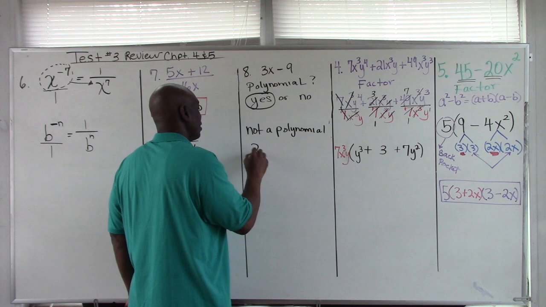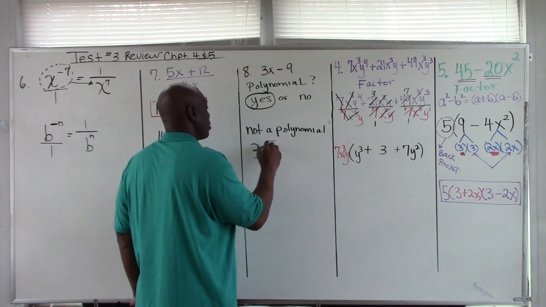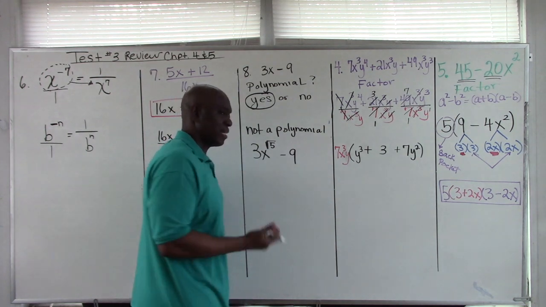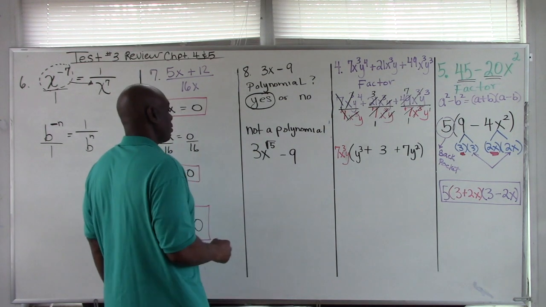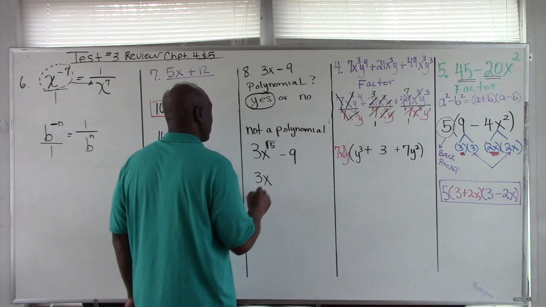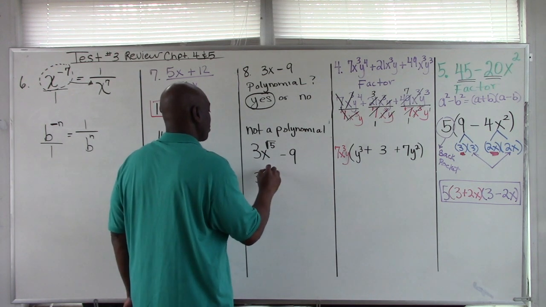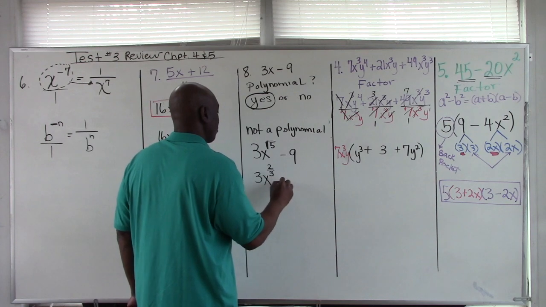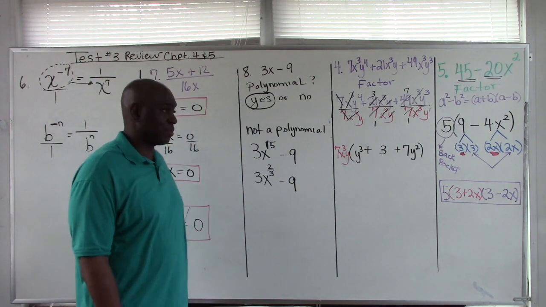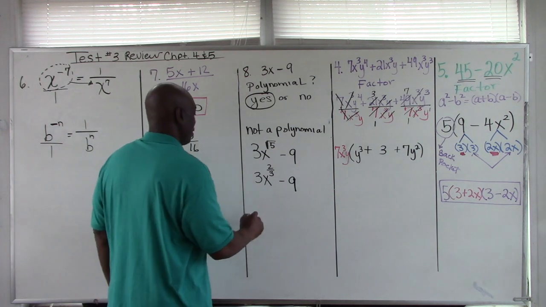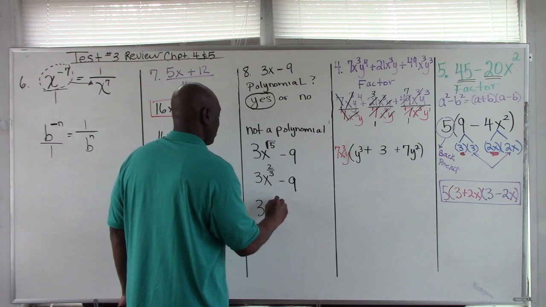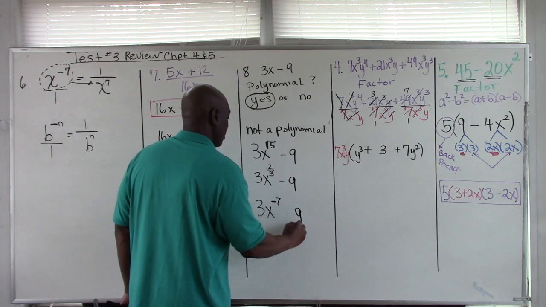If it were 3x to the square root of 5 minus 9, that's not a polynomial. If it were 3x to the 2/3 minus 9, that's not a polynomial. If it were 3x to the negative 7 minus 9.